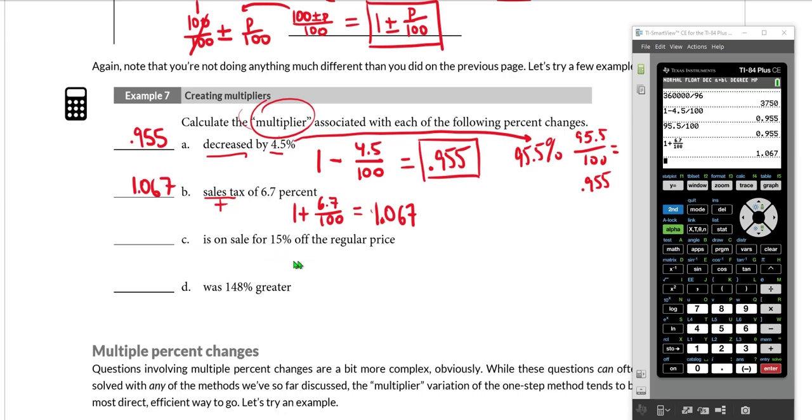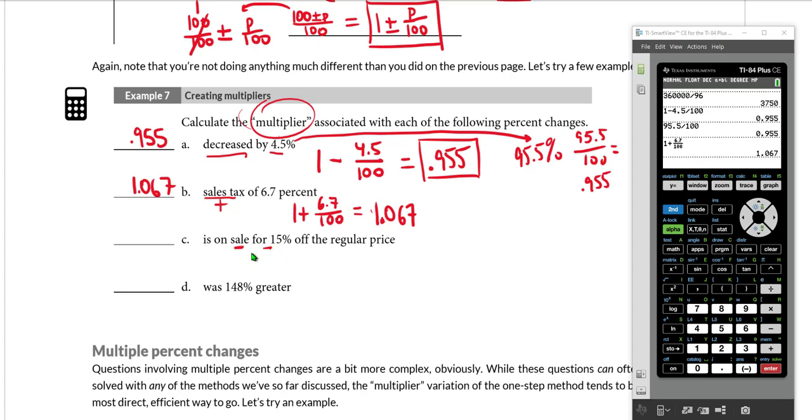The next one I'm going to do in a, I think, slightly more efficient way. If something is on sale for 15% off, remember that means we are decreasing the price by 15%, which means we are going to end up at 85% of the price, right? If we have the price, which is 100% of itself, we take away 15%.